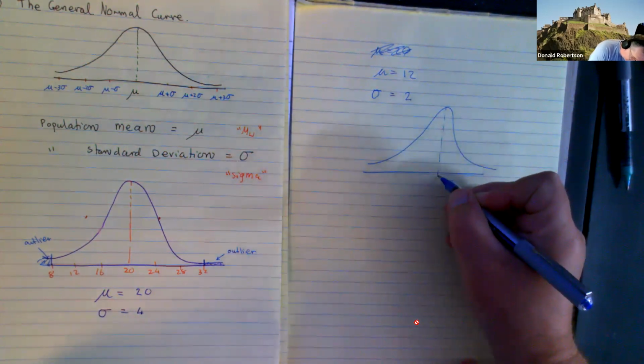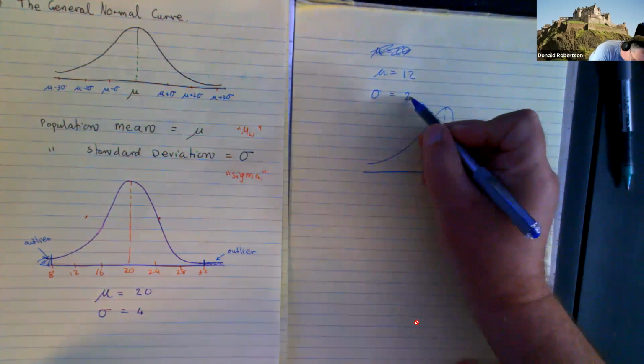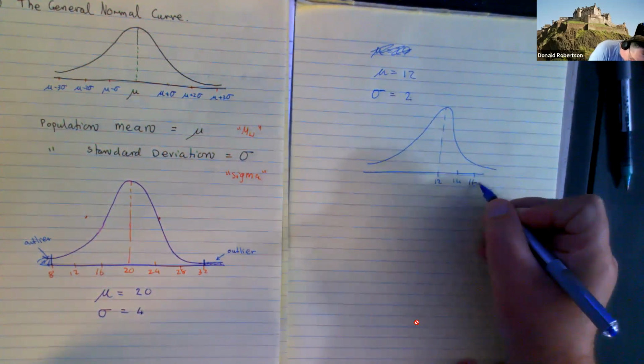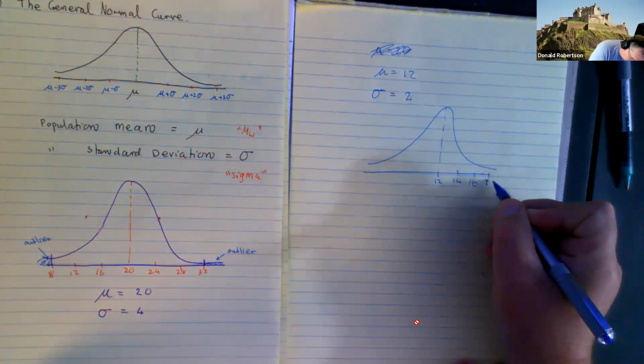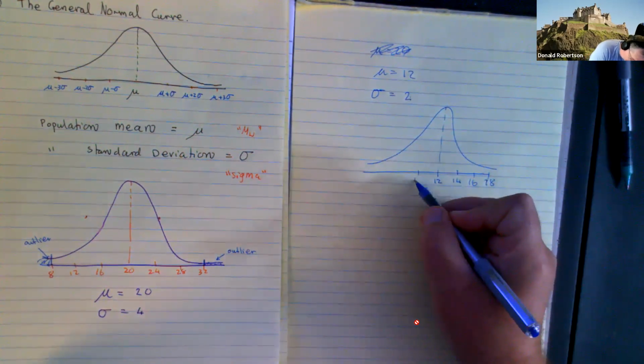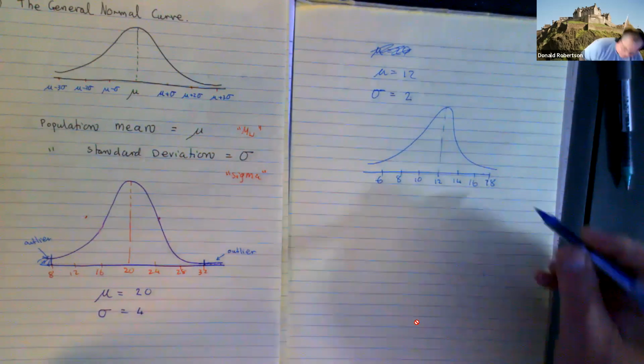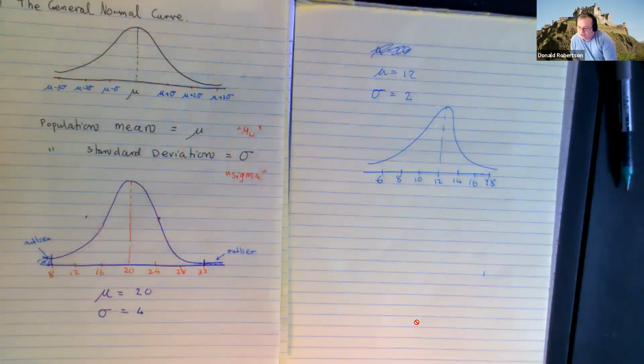Right in the center is the mean. Standard deviation is 2. You would go 1, 2, 3 guys. Take away 2, take away 2, take away 2. See how easy it is to draw roughly what all the people in the population would look like, right?